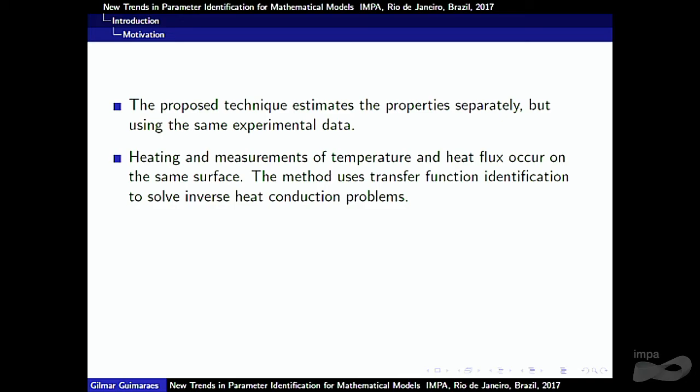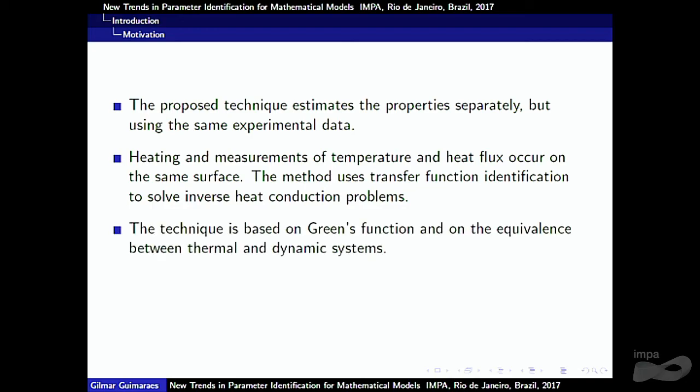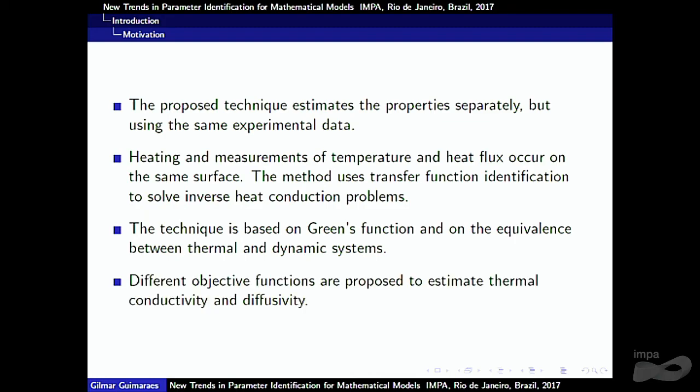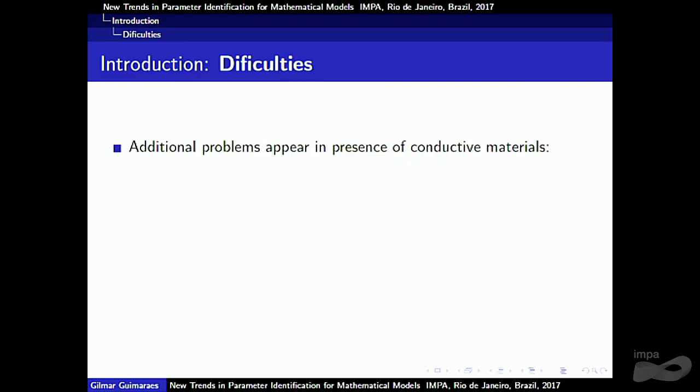The method uses transfer functions in the identification to solve inverse heat conduction problems, and is based on Green's function and on the equivalence between thermal and dynamical systems. In this case, different objective functions are used to estimate the thermal conductivity and thermal diffusivity.